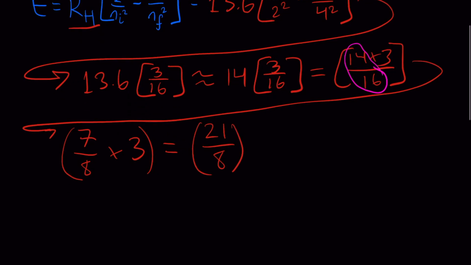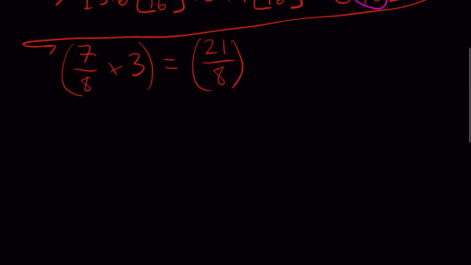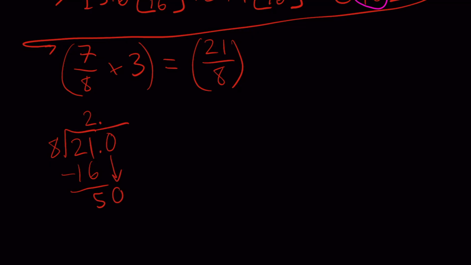Let's do some division, because I'm not super good with this memorization off the top of my head. 21 divided by 8 goes into 21 2 times. 16, that should be 5. 8 times 6 gives us 48.